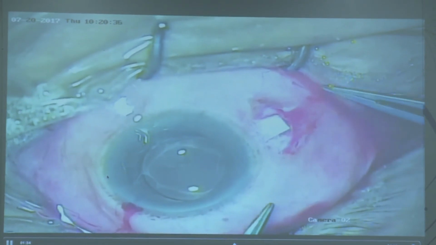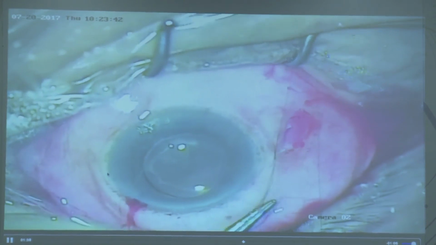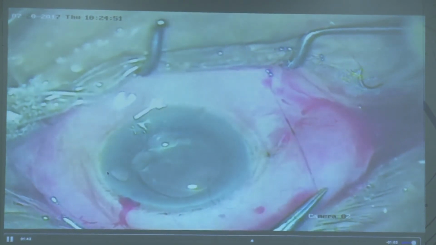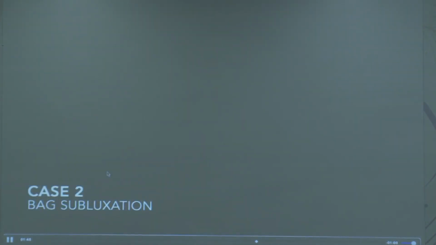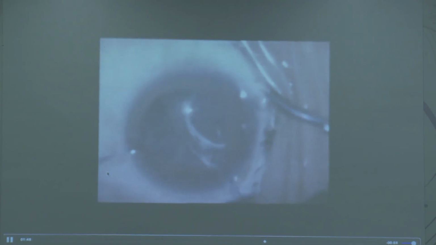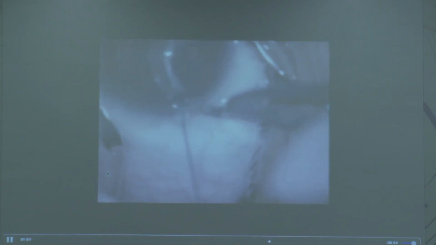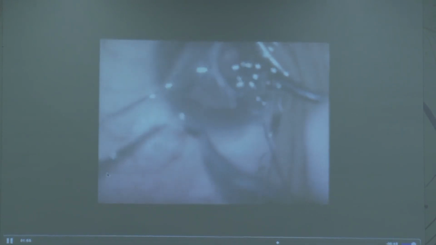So for the surgeons who discourage the Ahmed segment and Sioni ring procedure, citing it as a progressive disease, this could be a good answer, as you can do it in a very small procedure, 5 to 7 minutes. You can fix the bag again. That was a 3-piece lens, and here is an old video of a single-piece lens in which the same thing has been done.